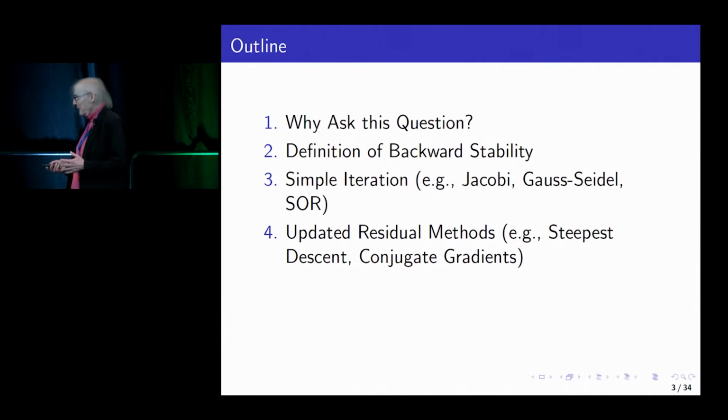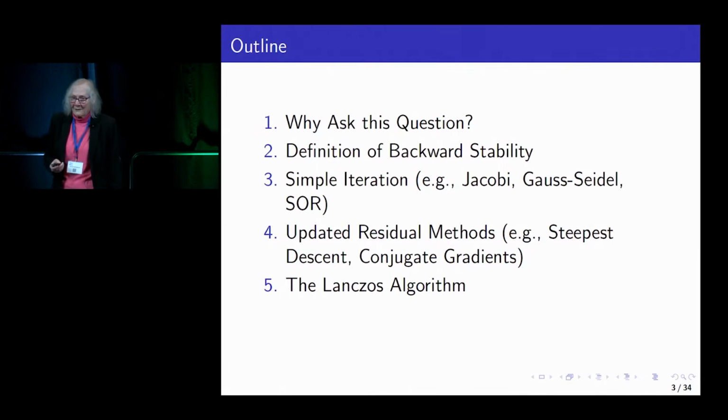It includes the method of steepest descent and the conjugate gradient method. These are methods where rather than computing the residual B minus A times your approximate solution at every step, you use an update formula for it. And because things are being done in finite precision arithmetic, the updated vector that you call r_k for a residual isn't the true residual. So you have to take that into account. And finally, I'll say a little bit about the Lanczos algorithm, and then I'll summarize.